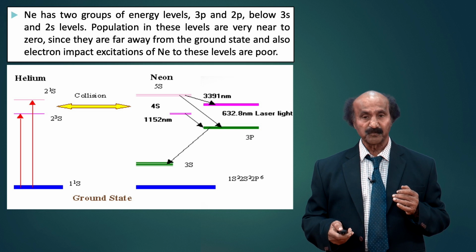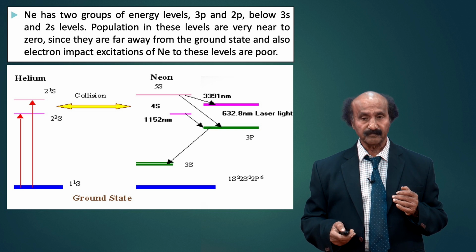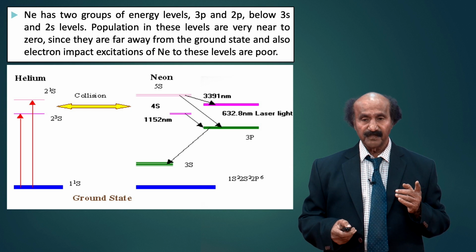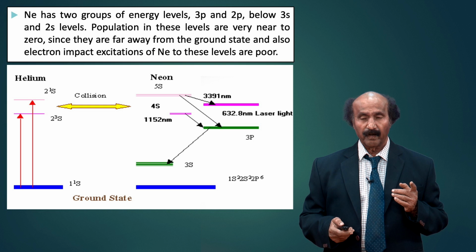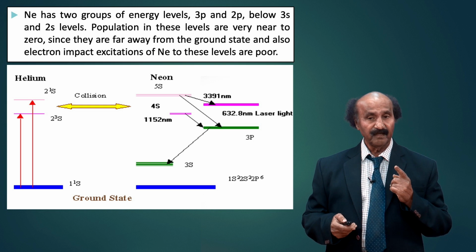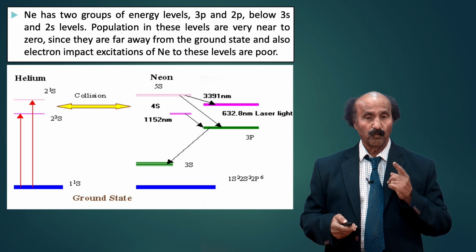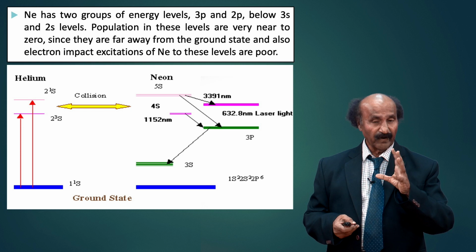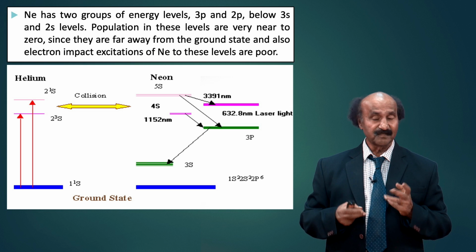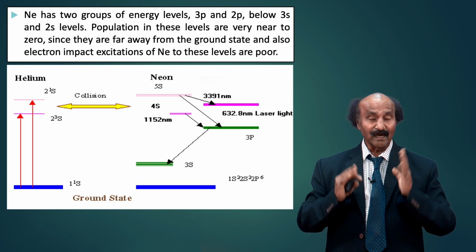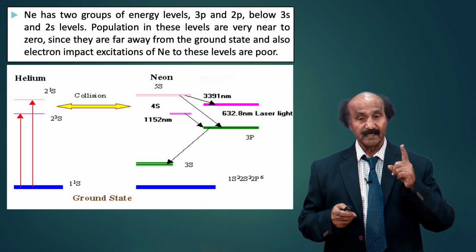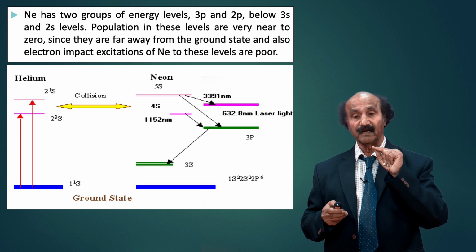Next point to be considered is this one. In all this, we have said that 3391 and 1152 nanometer, these are the infrared laser. The 633 is a red laser. How to kick out, avoid other two laser transition is a most important design aspect.